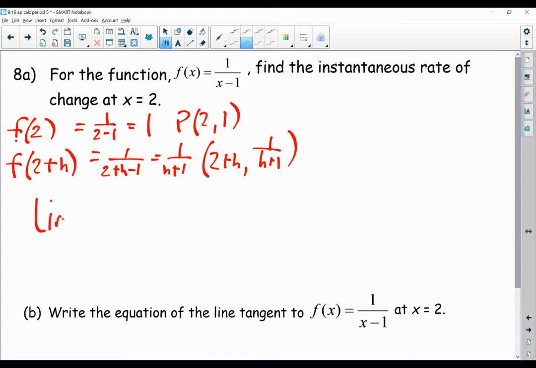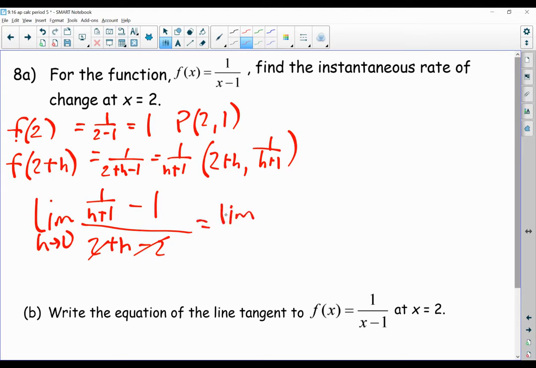So now I'm going to set it up. Notice how it starts. Without this, you get nothing, folks. So I'm going to do y2 minus y1 over x2 minus x1. Again, those 2's are going to cancel. Now, if I were to plug in 0, I am going to get 0 over 0, so I know I've got to clean this up. So now the question is, what do I do from here?